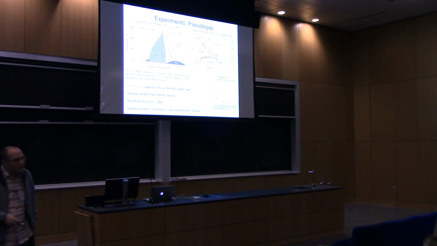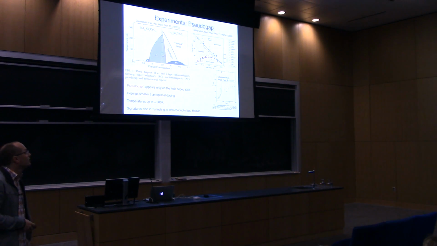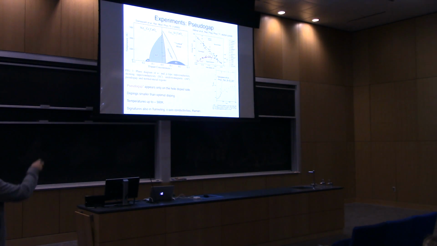If you go and look for that phase in the phase diagram, here is the phase diagram of the cuprates. Here are the hole-doped, and these are the electron-doped materials. So the pseudogap is a region of phase space that appears on the hole-doped side for dopings that are smaller than optimal doping, and for temperatures that go up to pretty much about 300 kelvin.